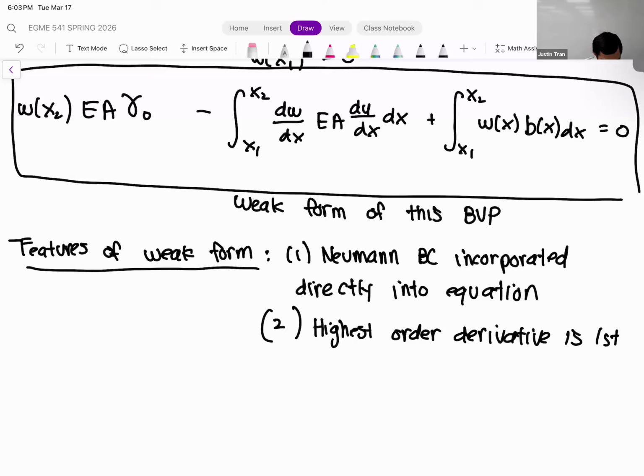We've basically taken one of the derivatives off of our solution variable u and placed it on our weighting function instead.